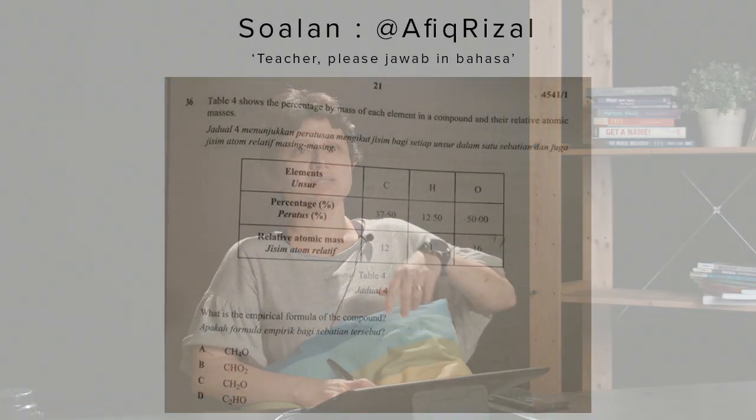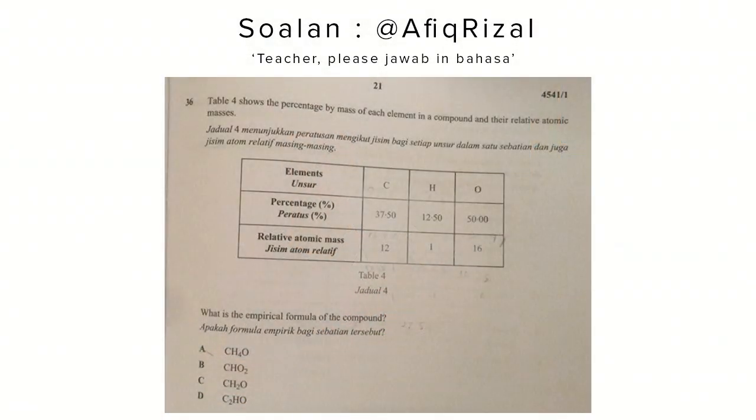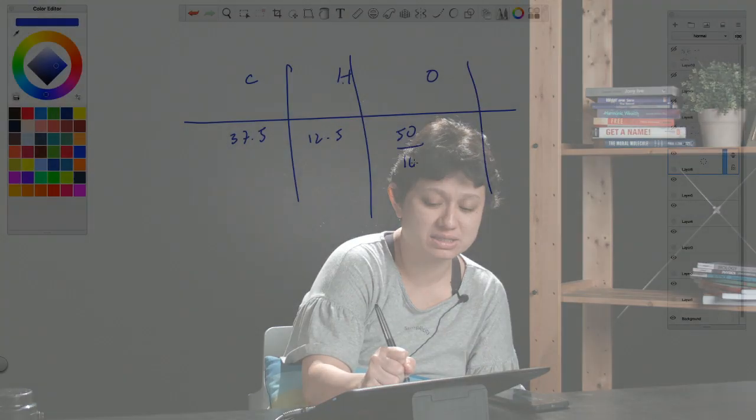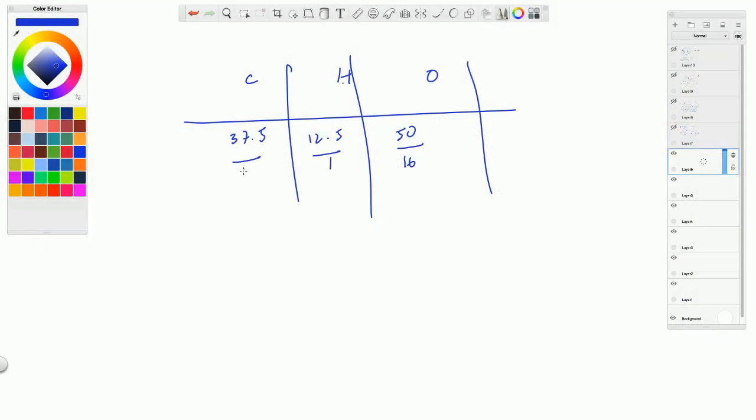Next question. This one is empirical formula. So for empirical formula, you are given carbon, hydrogen, oxygen. Okay, don't draw it so ugly in exam, okay? In exam, please draw a nice table. So you divide by the molar mass. 12, divide 1, divide 16.